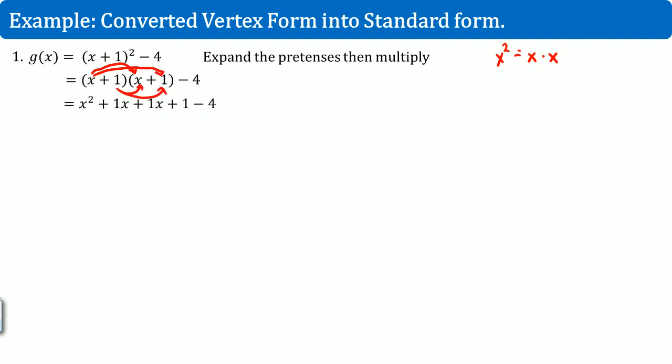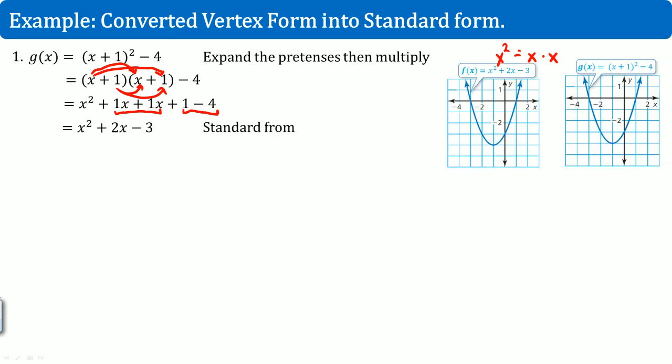That's what that became. Combine some like terms, 1x plus 1x, and 1 minus 4. And there you go. That should be your standard form. So this in vertex form was the same thing as this in standard form.